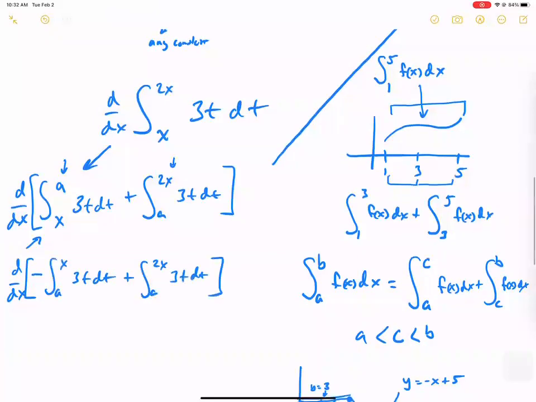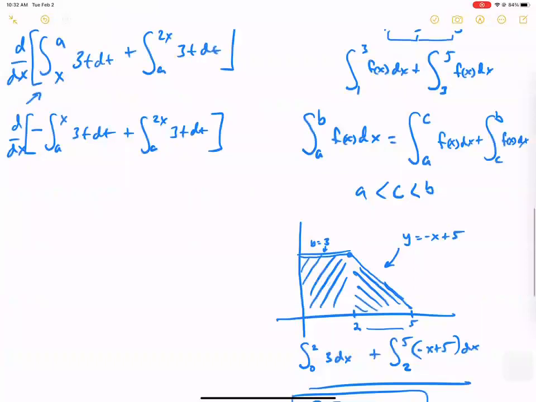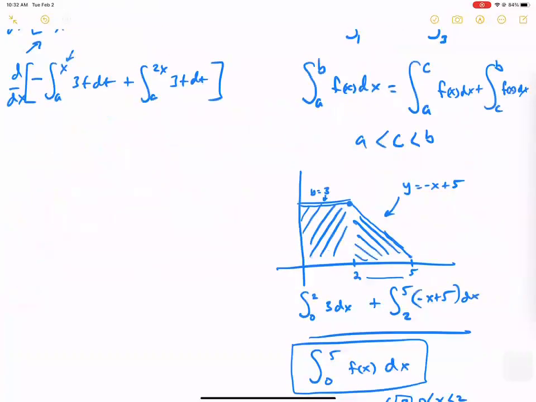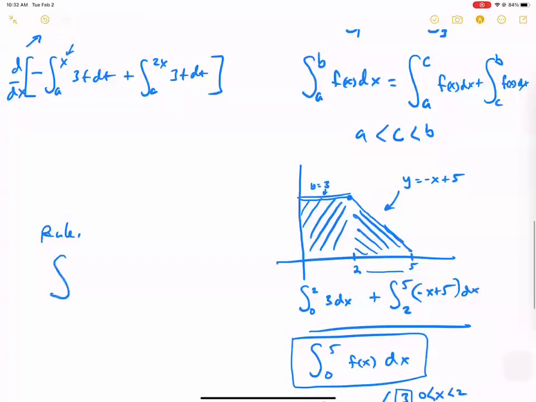So here's the next thing we have to make sure we understand. What if I have my boundaries spun the wrong way? Let me give you guys another rule real quick. The integral from a to b of f of x dx is equal to negative the integral from b to a of f of x dx.